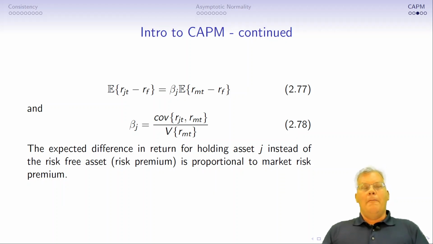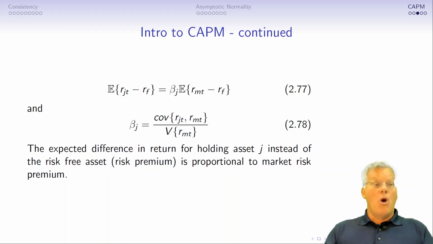Now, in CAPM, investors can place their money in the risk-free asset. The risk-free asset earns a rate of return R sub F. They could invest their money in a very broad market-based index and earn the market rate of return, and that's R sub M. That would be the market rate of return.